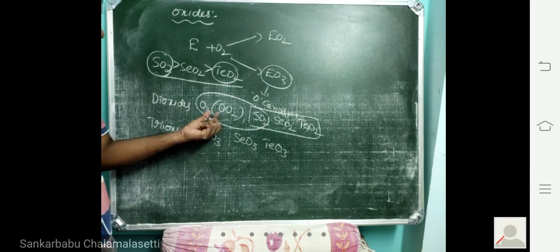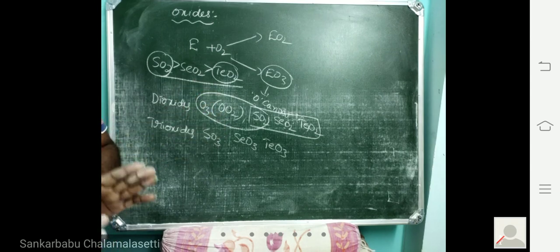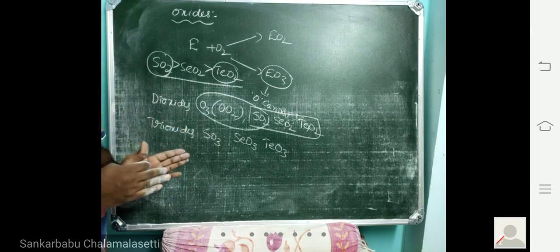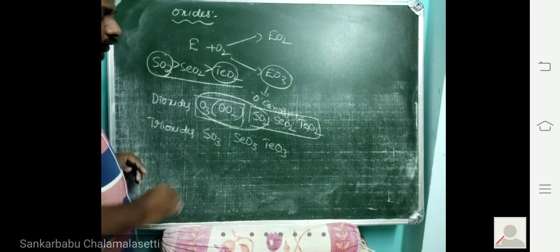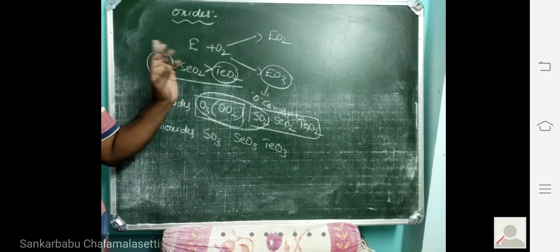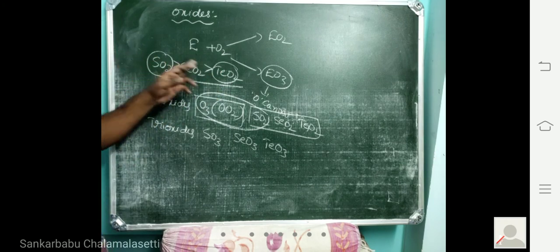The reducing and oxidizing properties and the preparation of ozone, we will study separately. But in the case of SO2, SeO2, TeO2, SO2 is a strong reducing agent and TeO2 acts as a strong oxidizing agent.